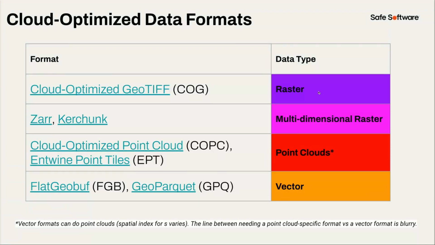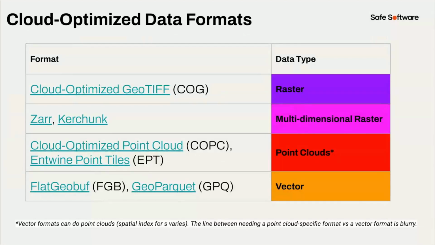And so for raster data, currently what we view as the best option is the Cloud-Optimized GeoTIFF. Chris gave that great history on it earlier. And if you have multi-dimensional raster, which I'll talk about a bit more in a bit, something like ZARR or Kerchunk is a better fit.